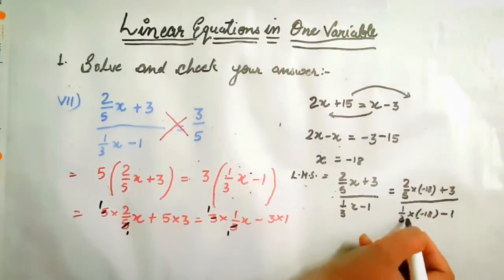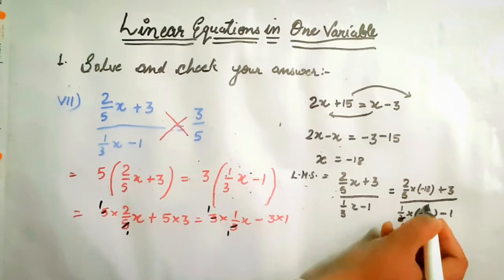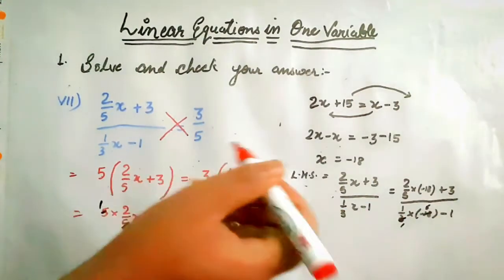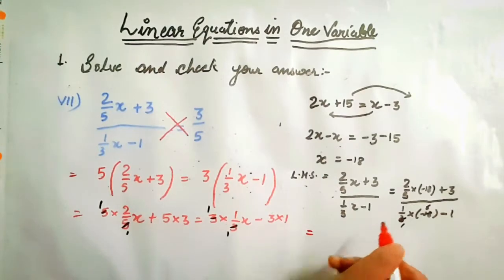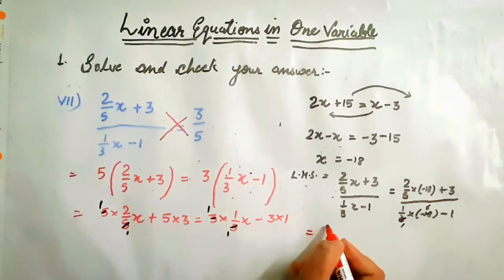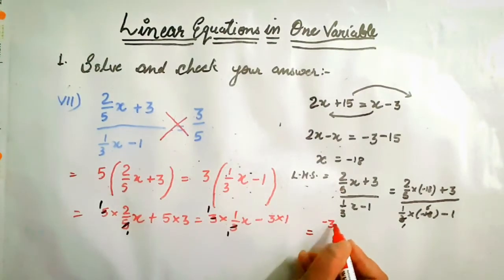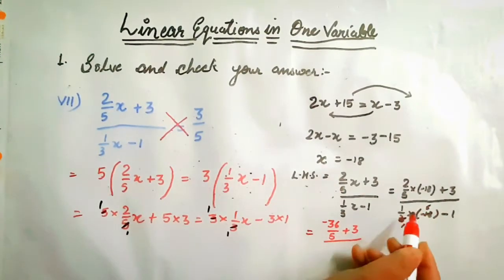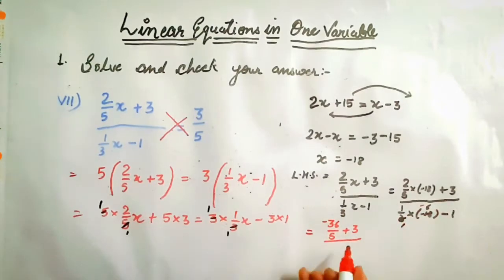Simplify it. 3 6s are 18. Now what will come in the numerator part? This will be equal to 2 18s are 36. So minus 36 upon 5 plus 3 whole divided by 6 ones are, this is minus 6, so minus 6 ones are minus 6, minus 1.